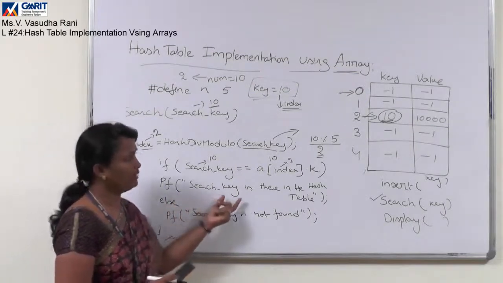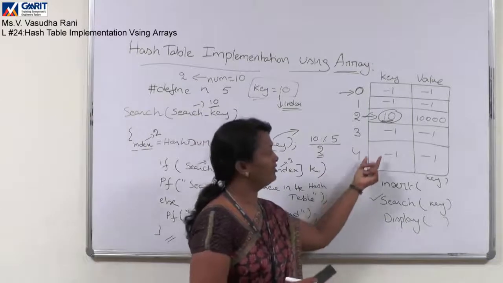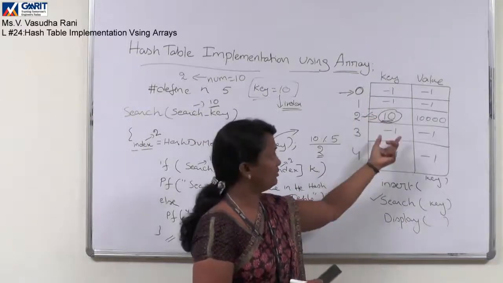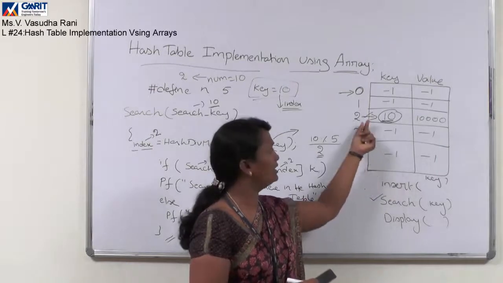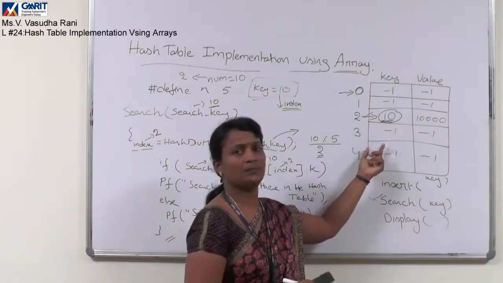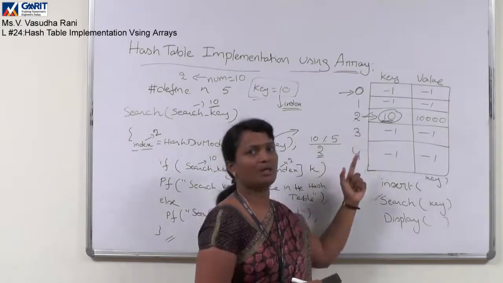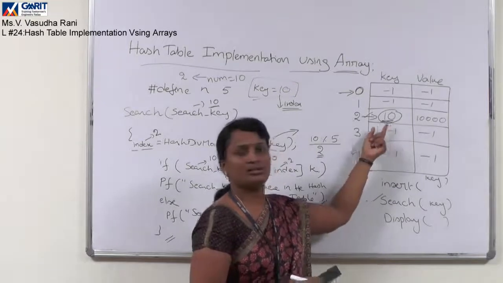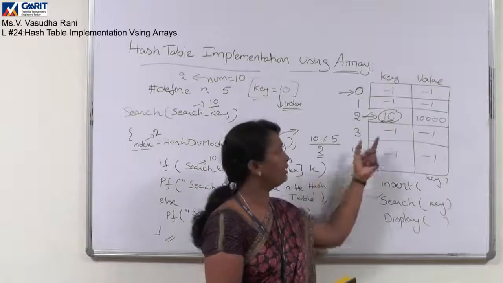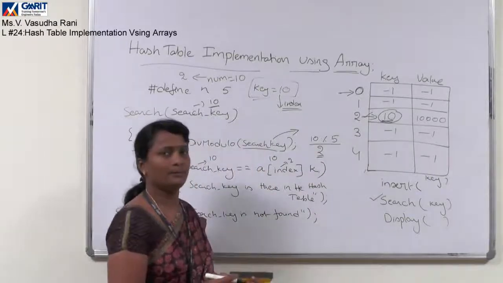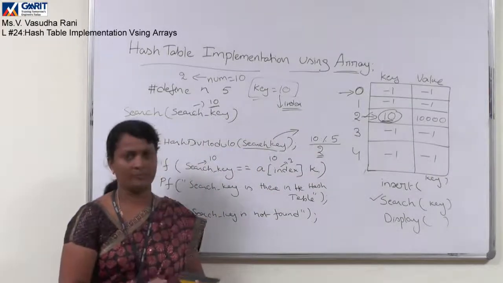One conclusion we can come to is that with a hash table, when you want to perform any insertion or search for any particular key, it takes only one comparison and it gives the result whether the element is there or the element can be inserted in the hash table. Thank you.